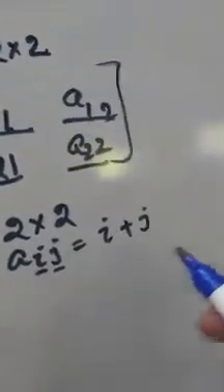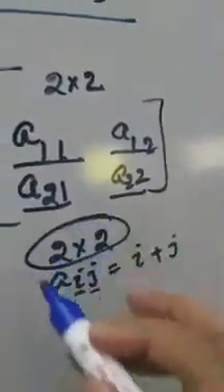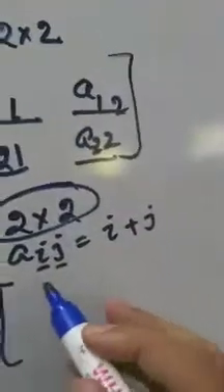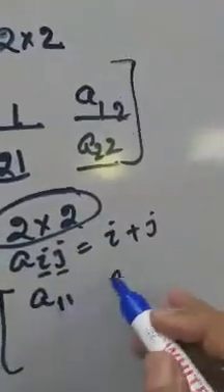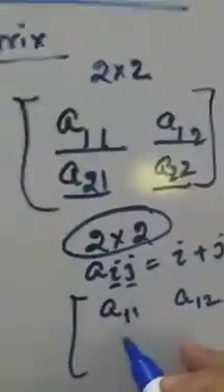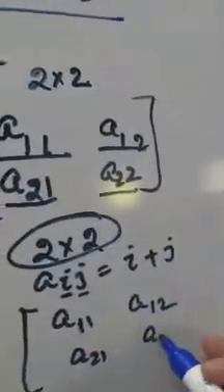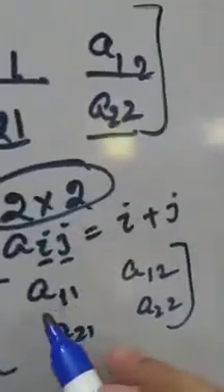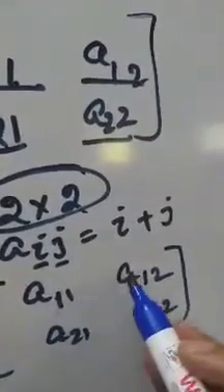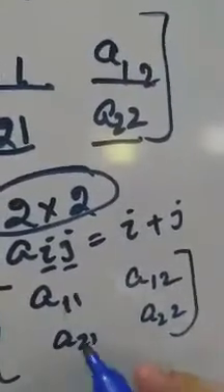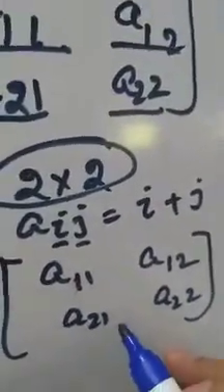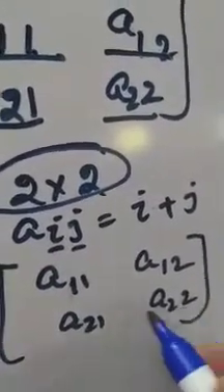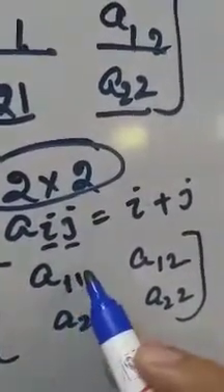Since it is a 2 by 2 matrix, let us first state the elements: A11, A12, A21 and A22. That means there will be the element of first row, first column, the element of first row, second column, the element of second row, first column, and the element of second row, second column.